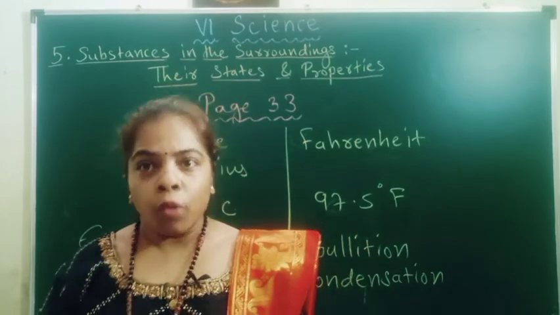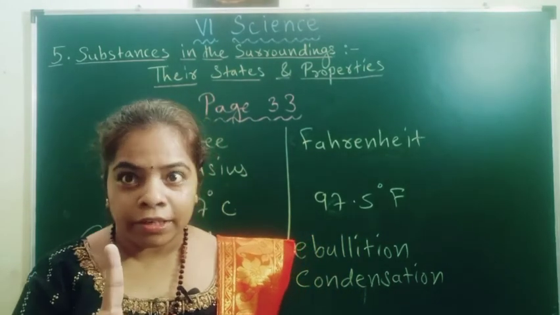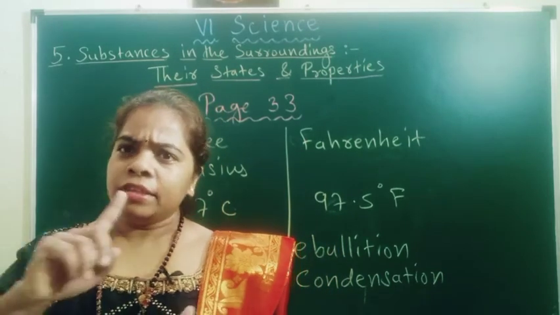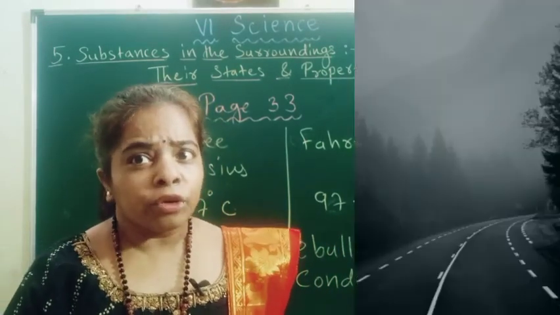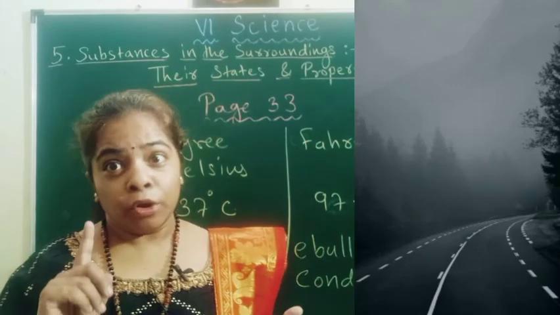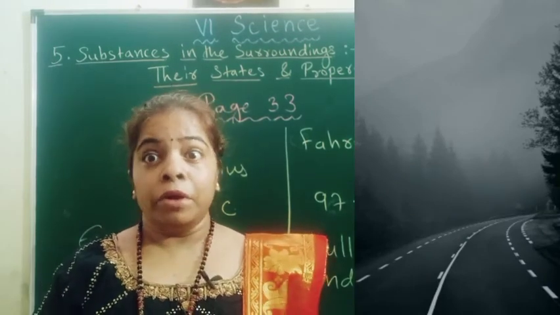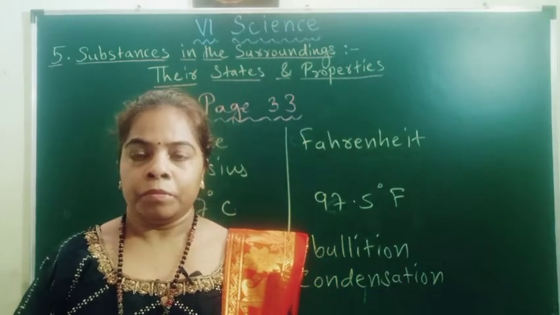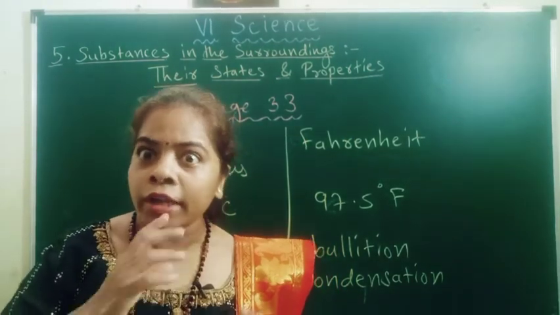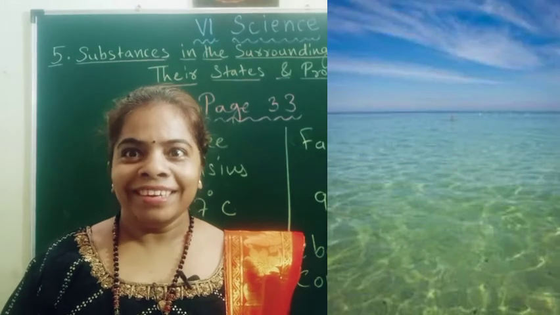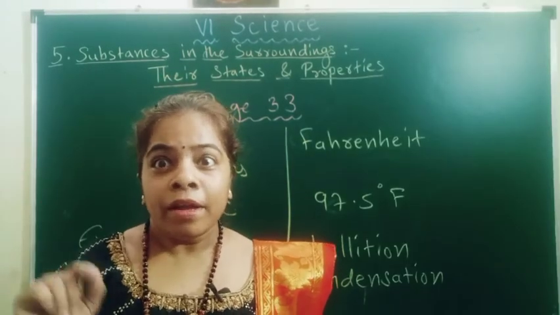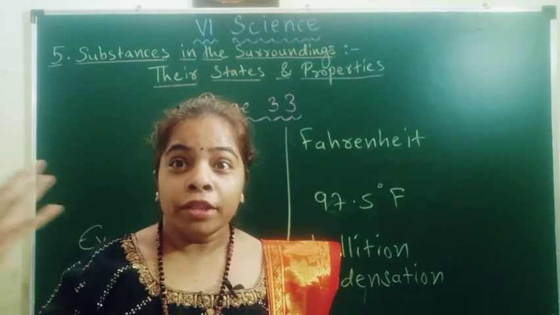Because of water vapor. We have learnt in the first lesson, children, that air contains oxygen, nitrogen, carbon dioxide, water vapor, argon, krypton, so many things. One thing is water vapor also, right? So it is the same water vapor which has come on the bottle.